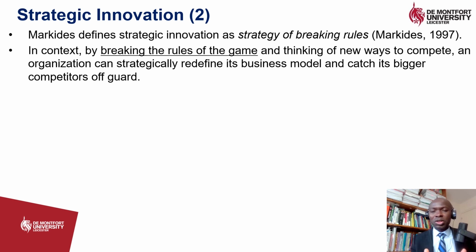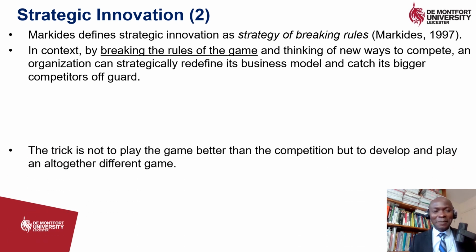We're going to see some typical examples: companies like Airbnb, companies like Uber, companies like Amazon. These companies have mastered strategic innovation in a sense.